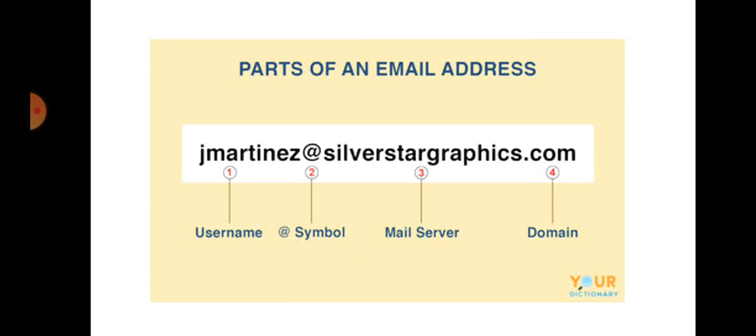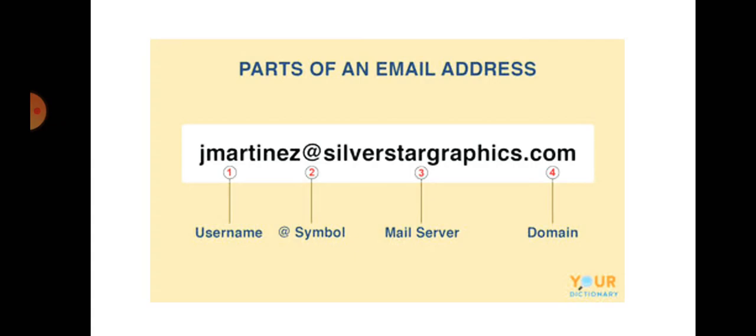But email is something which is very fast. You pay almost no cost for sending an email, and it is much more efficient than the postal mail. So that is the reason email has considerably taken over in today's world.